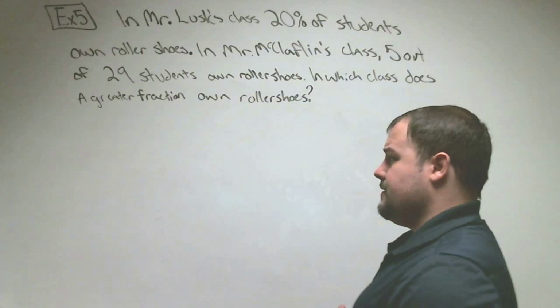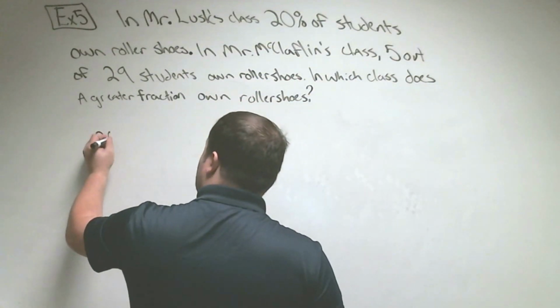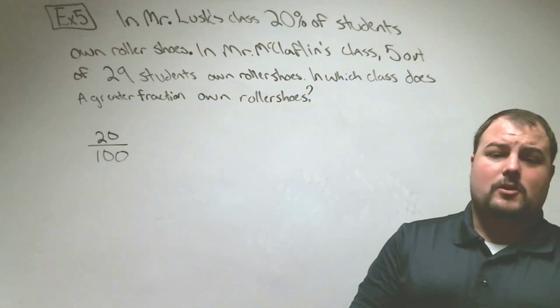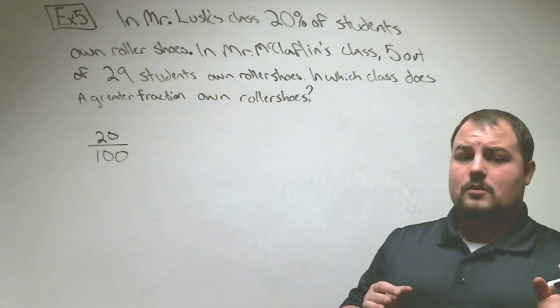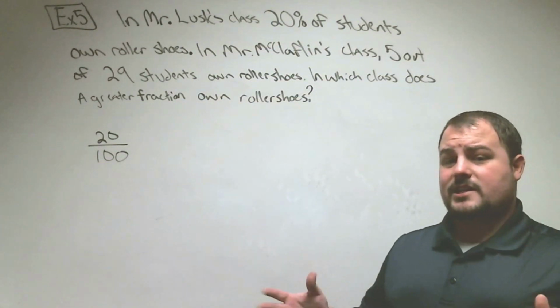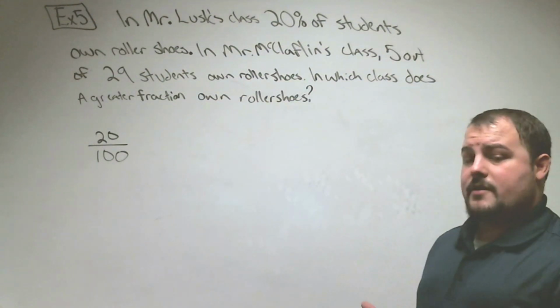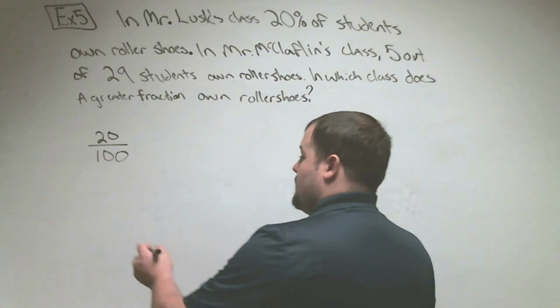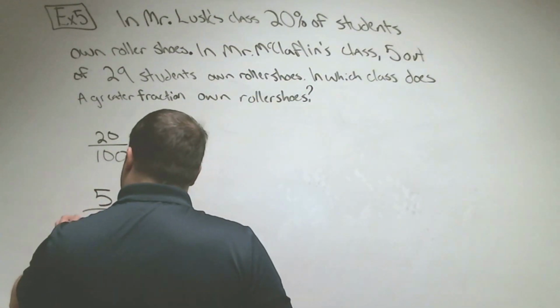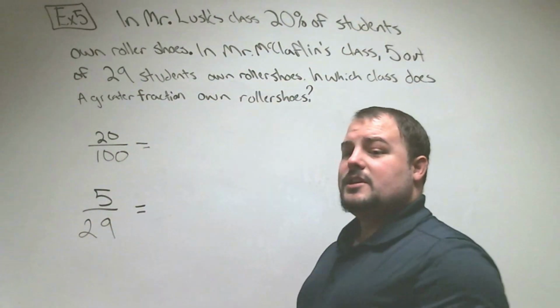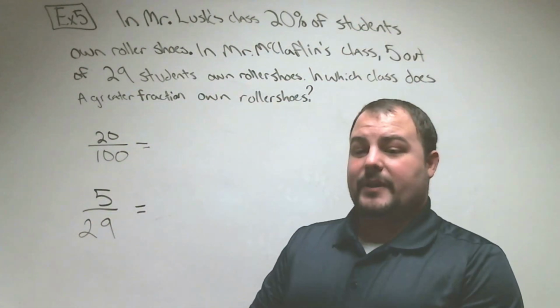Well, we know that Mr. Luft has 20%. Well, that's 20 out of 100, because all percents are out of 100. So, Mr. Luft's class has 20 hundredths, where Mr. McLaughlin's class has 5 out of 29. And what we want to do is see which one has a bigger amount.